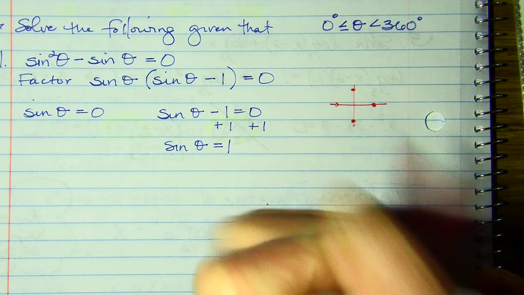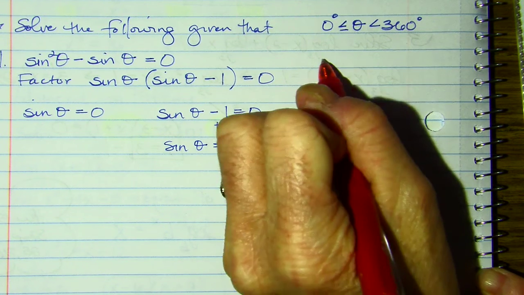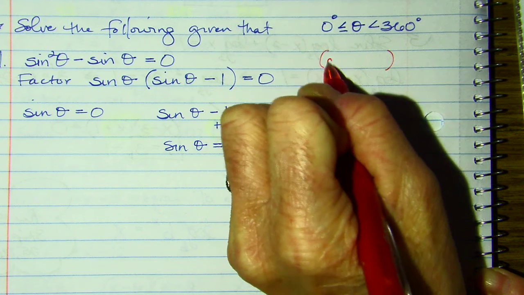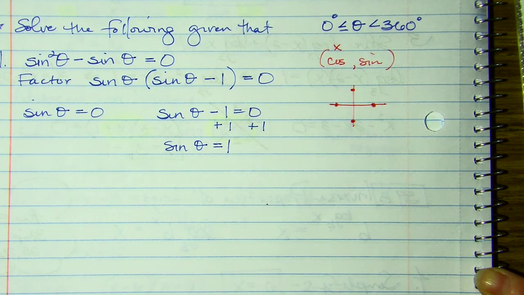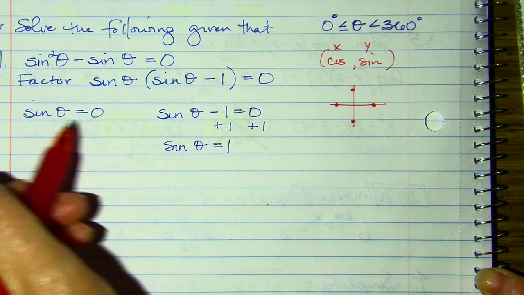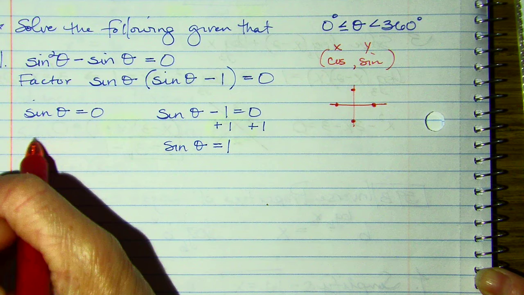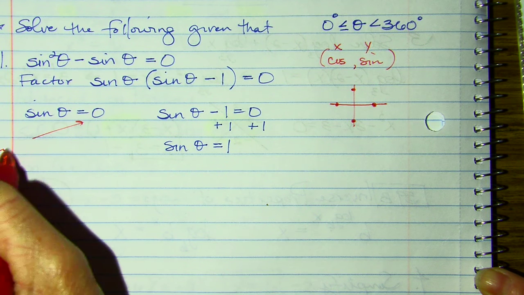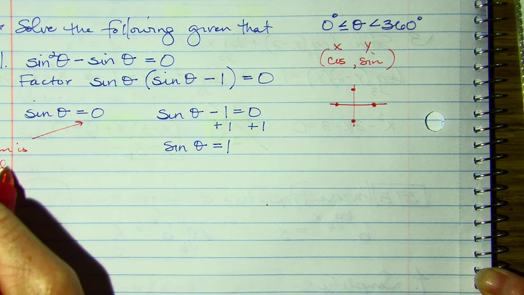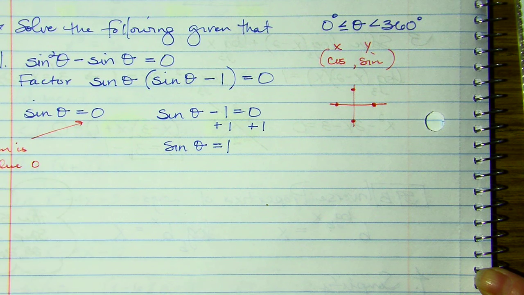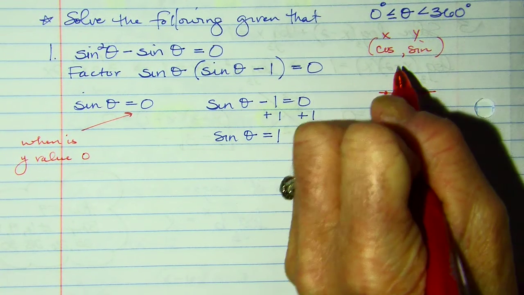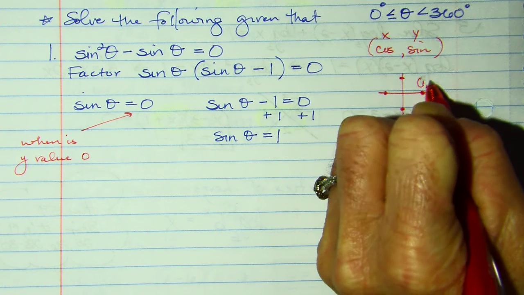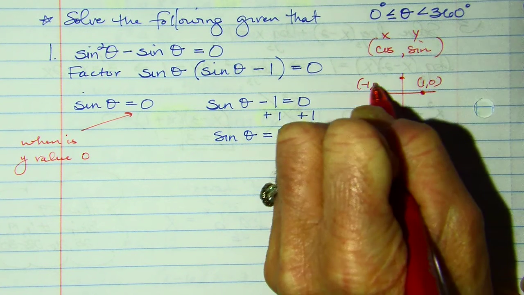So remember, when I write my coordinates, it's cosine and then sine, meaning that cosine represents our x value and sine represents our y value. So when is the y value 0? Okay, so let's look at that. The coordinates here are 1, 0, and the coordinate here is negative 1, 0.